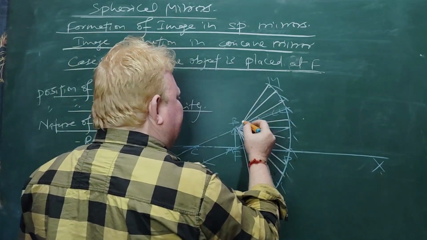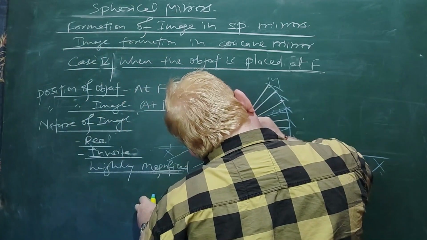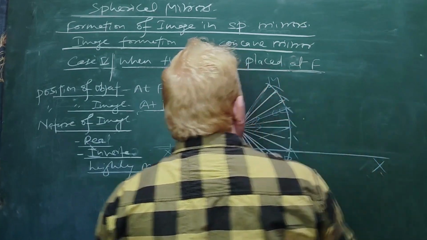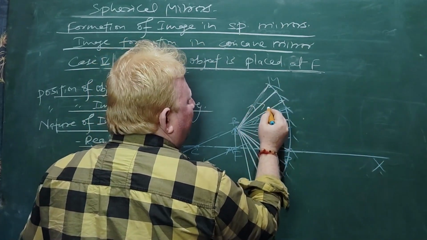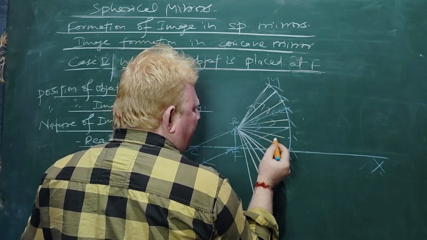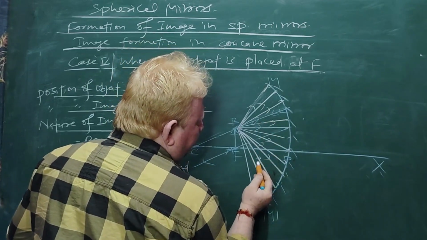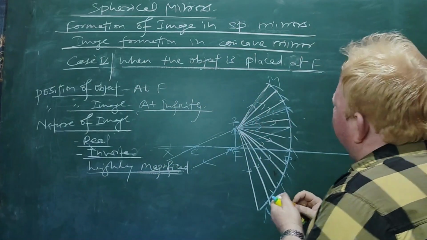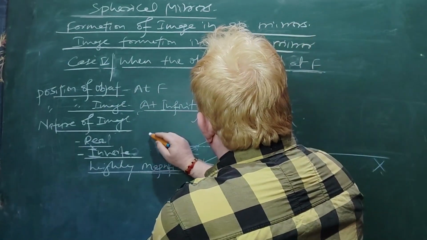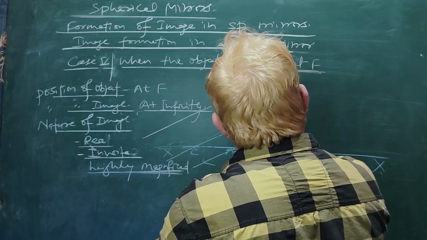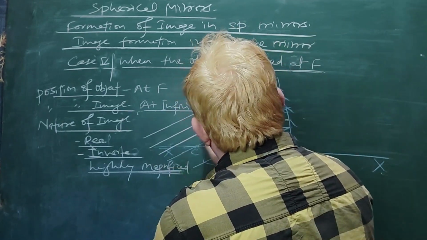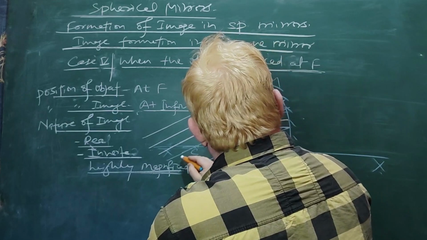See, all these rays are coming from the object. Okay. Now after reflection, all the rays will be passing like that, like that, like that.